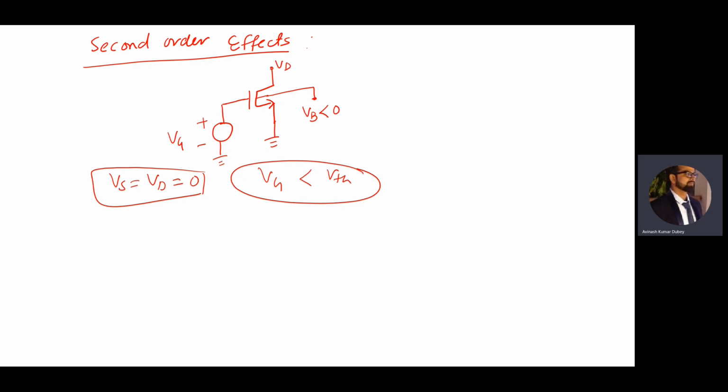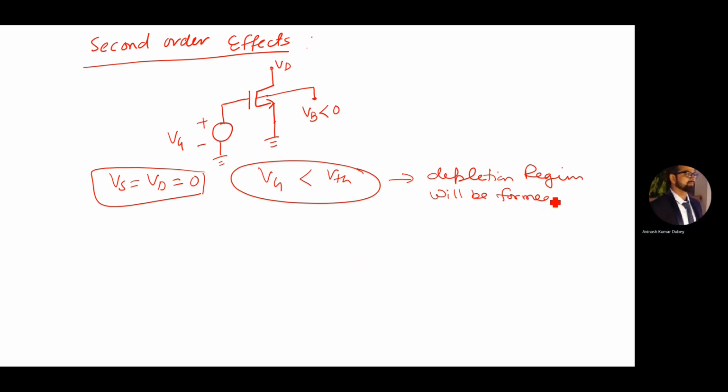We have discussed that the depletion region will be formed here, but there will be no inversion layer, so current will not flow.